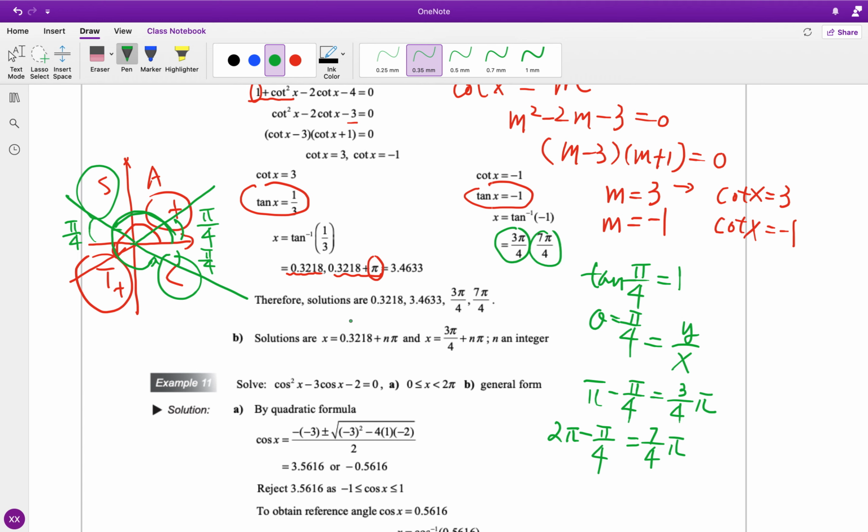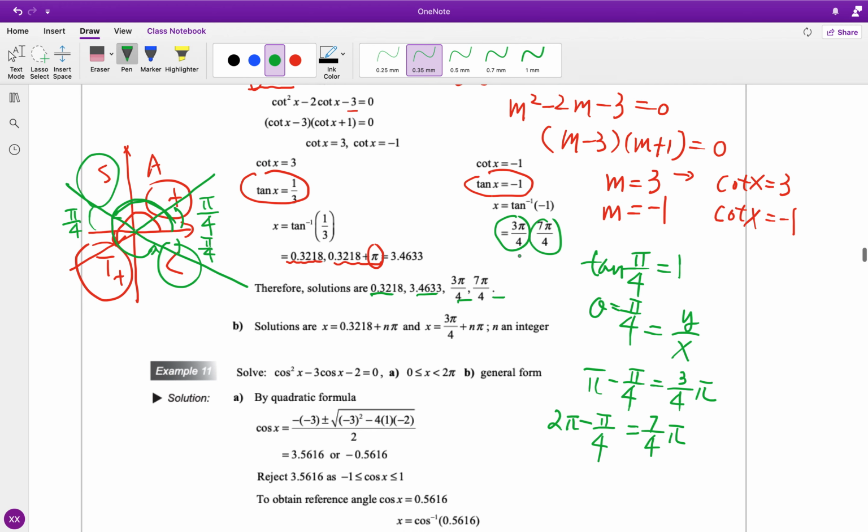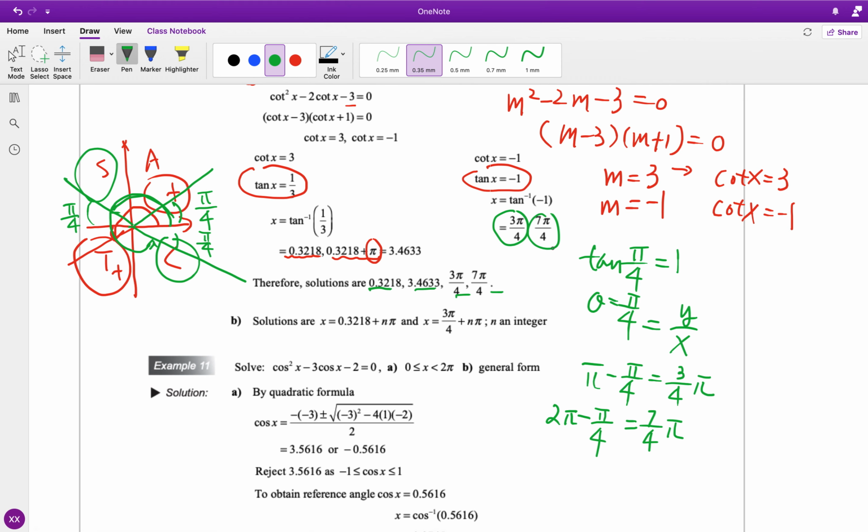Okay, so these two solutions should not be that bad. The solutions for the first one are this one, this one, this one, and this one, the four of them in the four quadrants. Now, how about writing it out in a general form? This is the interesting thing. Because if you note, this is 3/4 pi, and this is also 3/4 pi apart.